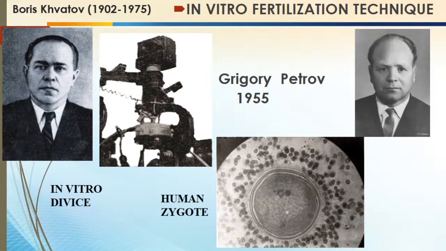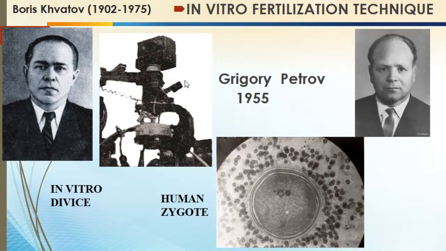And his student, Grigory Petrov, in 1955 realized these methods of fertilization. We have seen here the device, a special compound device, which contains an embryonic chamber, special gas, special elements of watering and gas exchange, and also a microscope and a special camera.